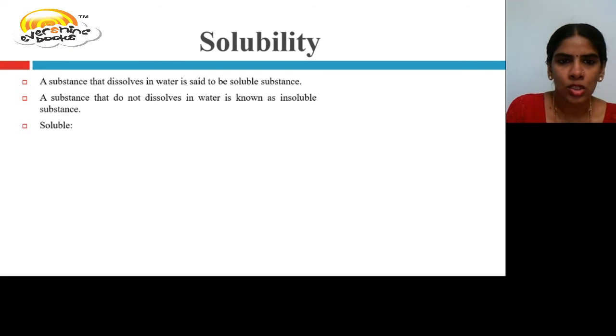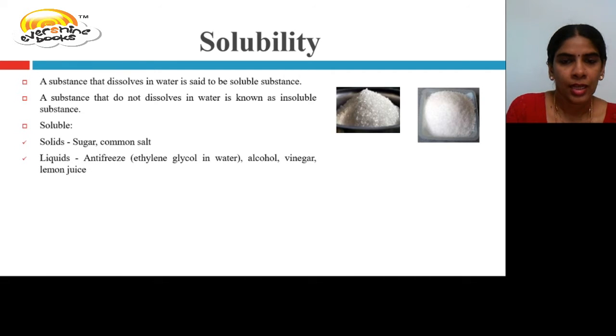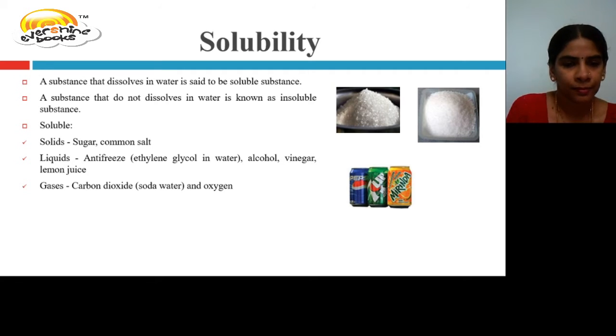Let us discuss the soluble substances. In solids: sugar, common salt. In soluble liquids: antifreeze, that is ethylene glycol in water, alcohol, vinegar, lemon juice. Soluble gases: carbon dioxide, that is soda water, and oxygen.